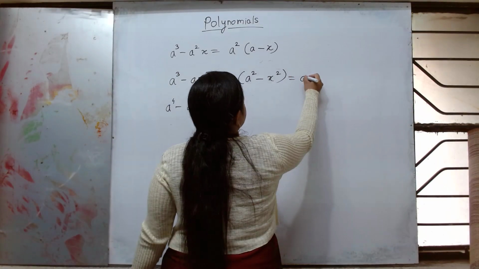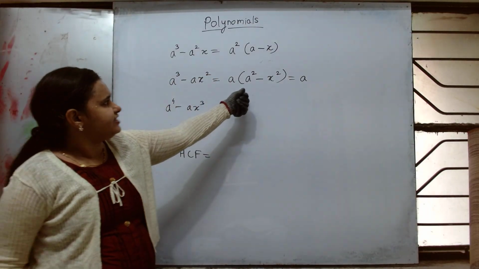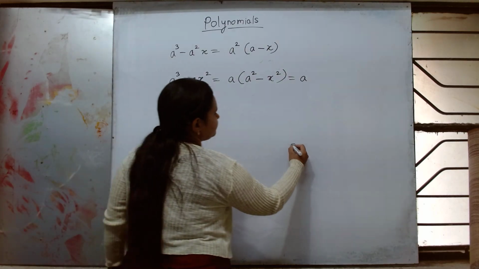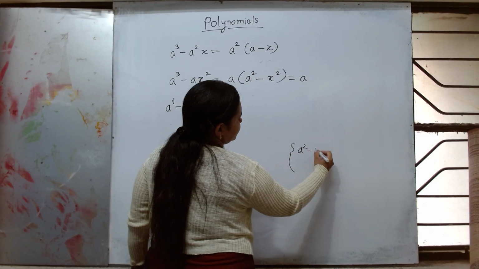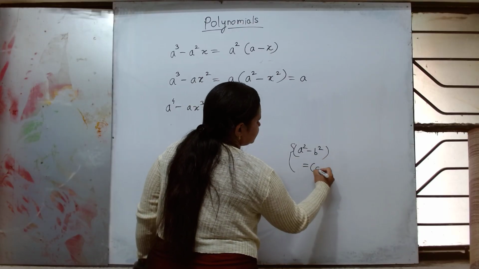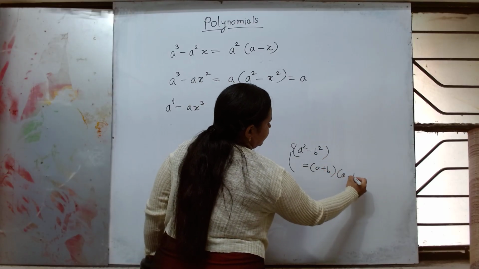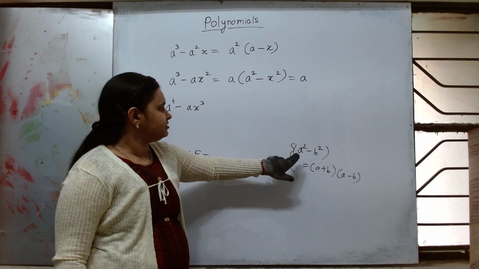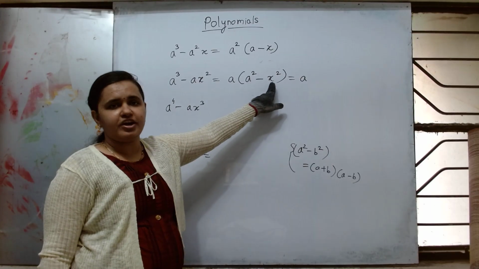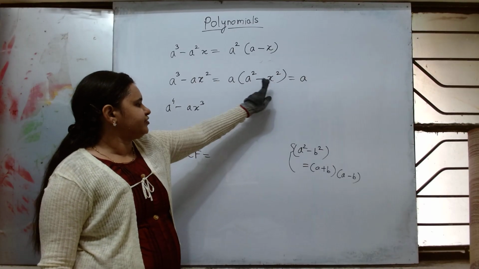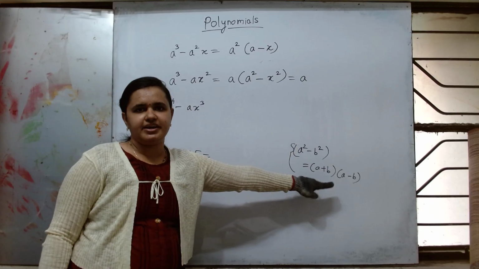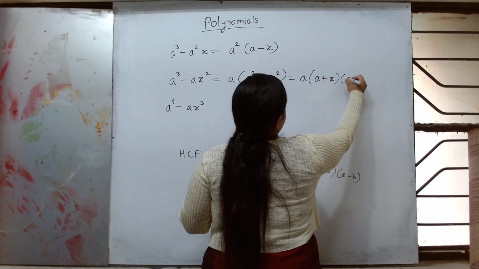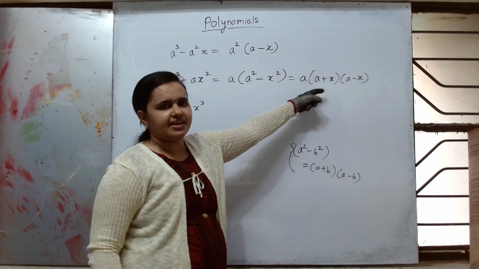Again we can further expand it. It is a square minus x square. In the earlier question we have written the formula of a square minus b square. What was that? It was a plus b into a minus b. Taking x as b, a square minus b square is a plus b, a minus b. So it will be a into a plus x, a minus x.